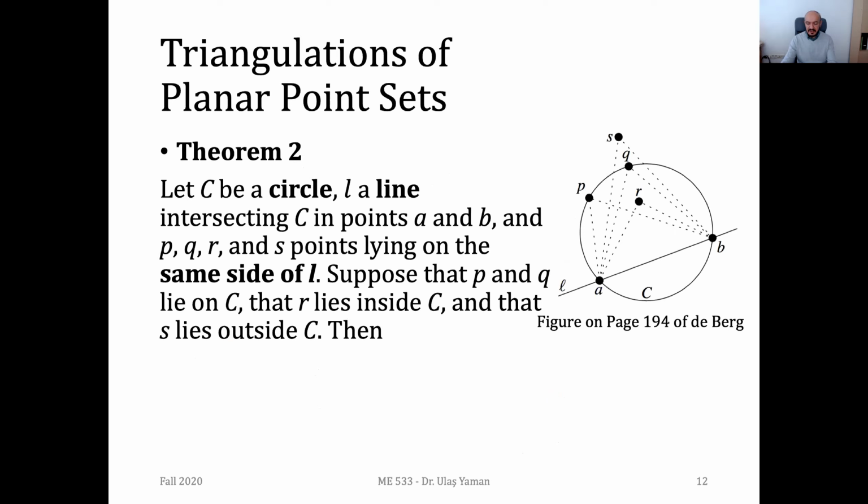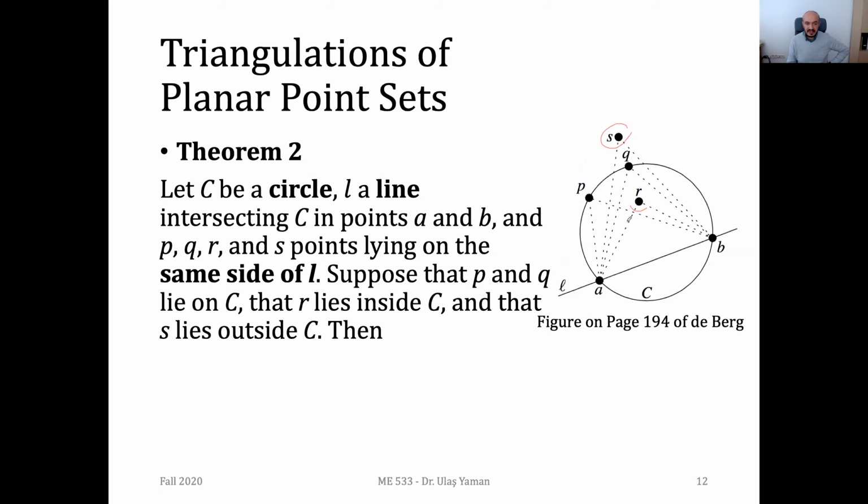Now let's have a look at some primitive theorems. This one is about simple geometry. It's actually considering the angles. We have a circle C, and we have a line intersecting the circle, and some point vertices are on the circle, and we have a vertex inside the circle, and another vertex outside the circle.